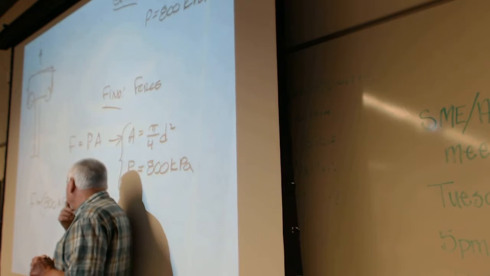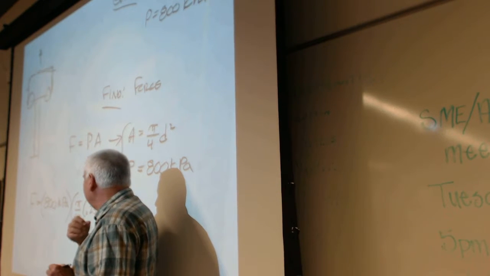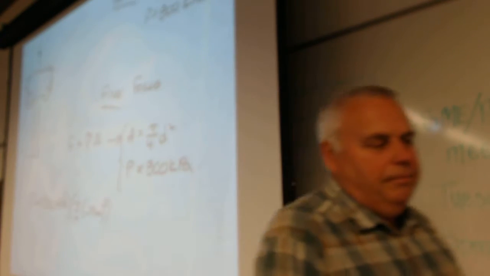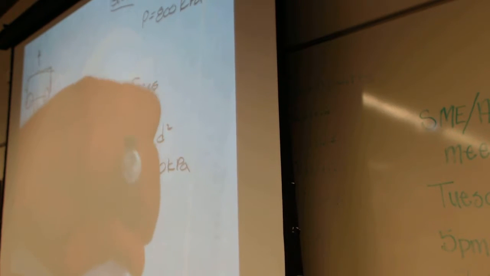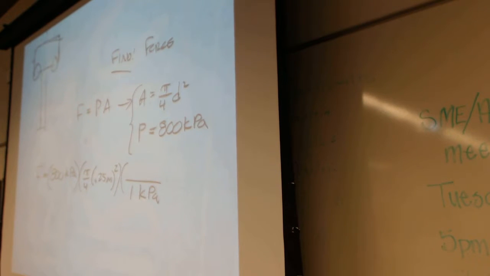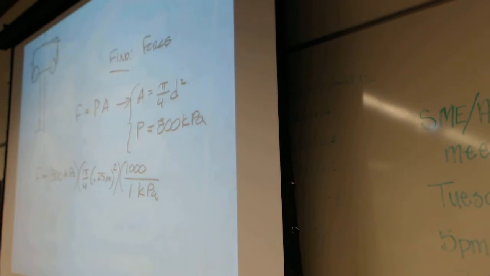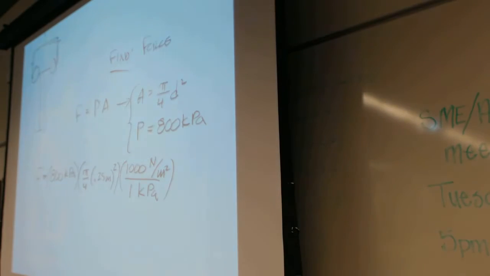And what I have to define is, what is a Pascal? And probably I want to say what is a kilopascal. So I'll say 1 kilopascal. What is that? That's 1,000. Don't forget the K means 1,000. And that's newtons per square meter.